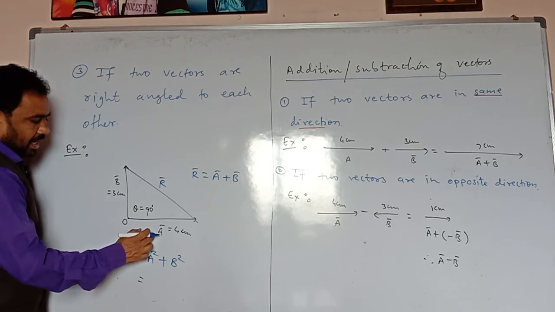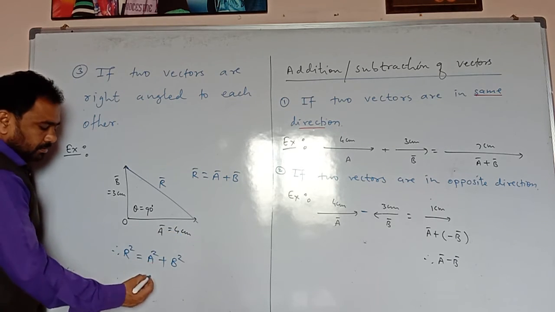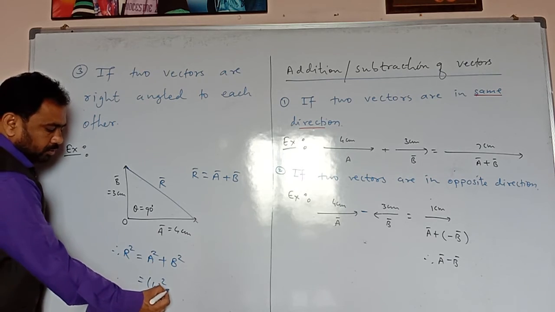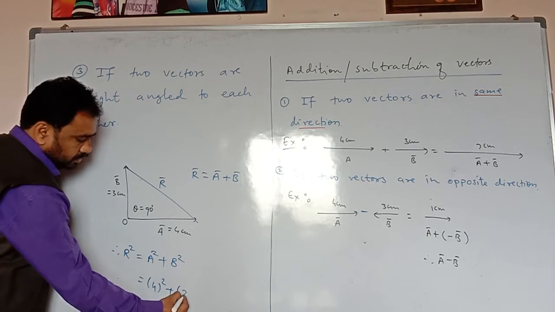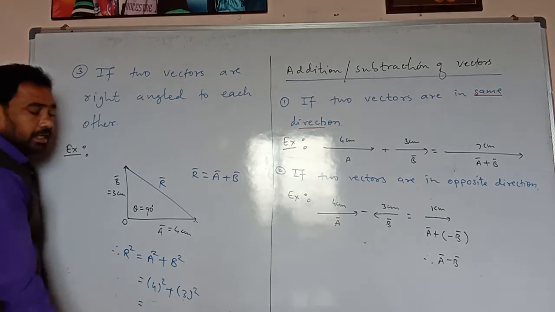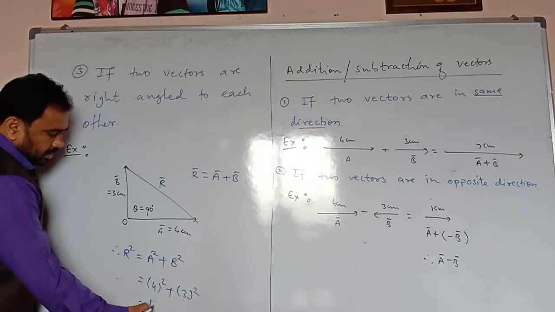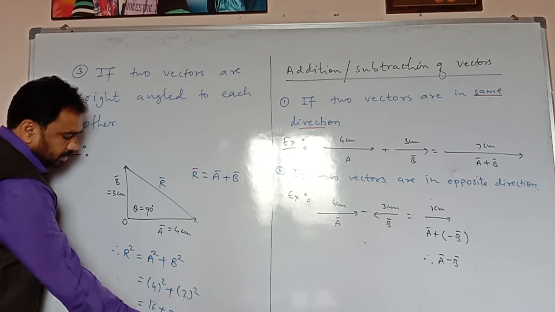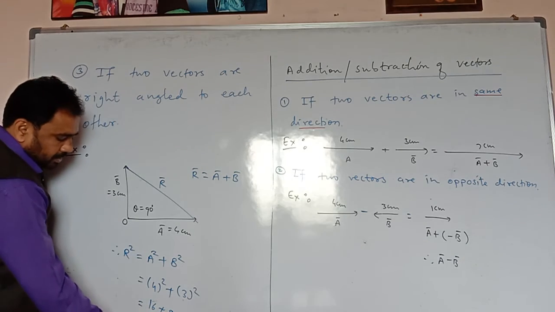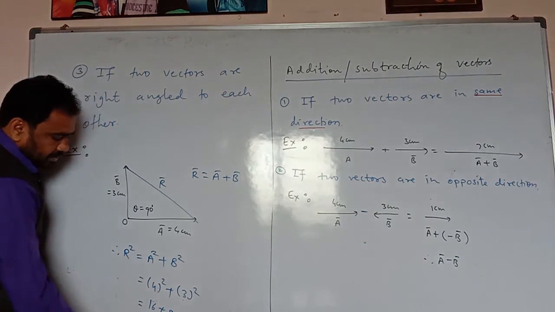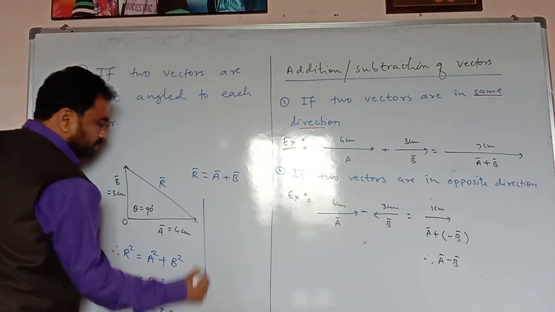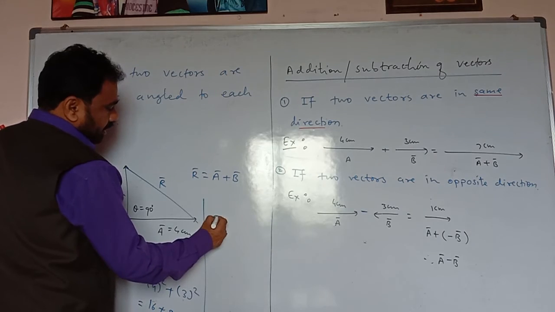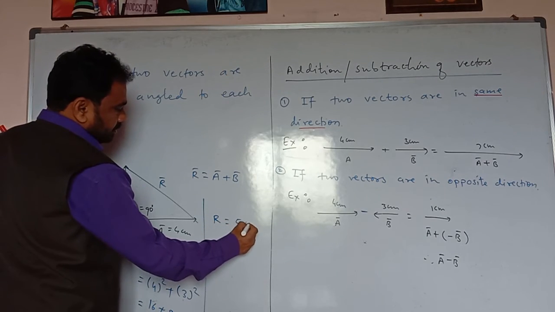A has 4 centimeter magnitude, so we write 4 square, plus B has 3 centimeter magnitude, so B square. 4 square is 16, plus 3 square is 9. So 16 plus 9 is 25, that is the value of R square. By taking the square root, we get R is equal to 5 centimeters.